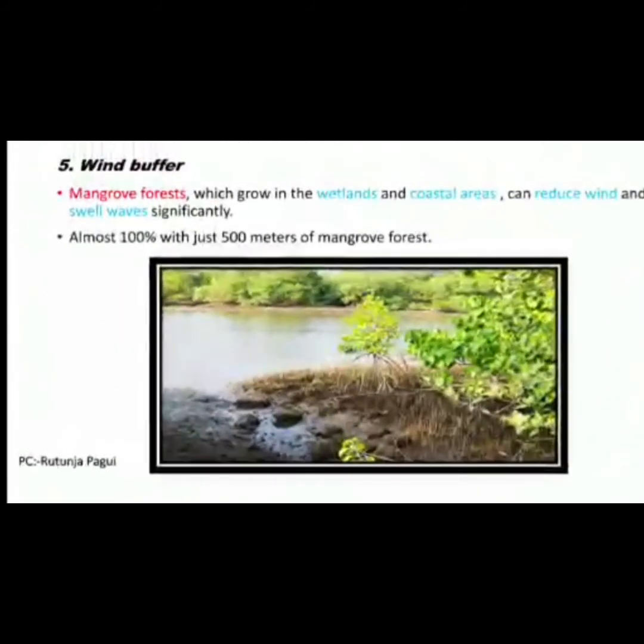Wind buffer. Almost 100% of wind is reduced with just 500 meters of mangrove forest. In the coastal areas, winds can cause a lot of damage to people. Trees named mangroves stop winds from entering human habitats.